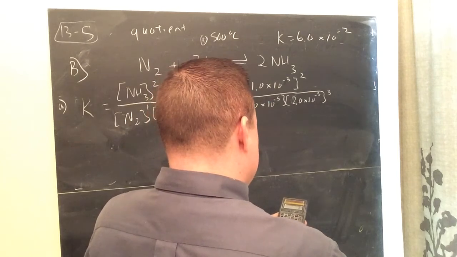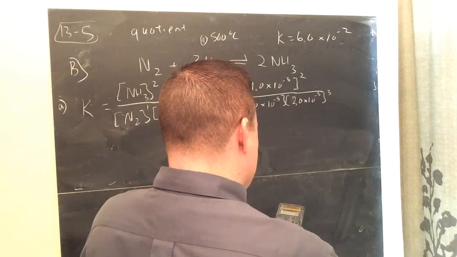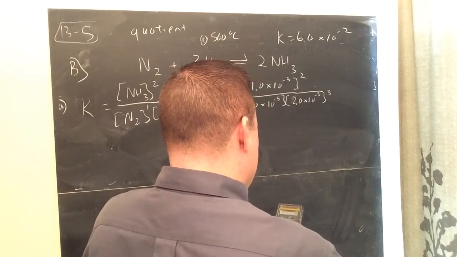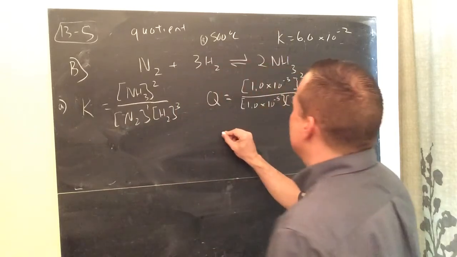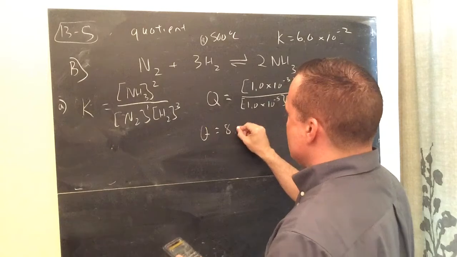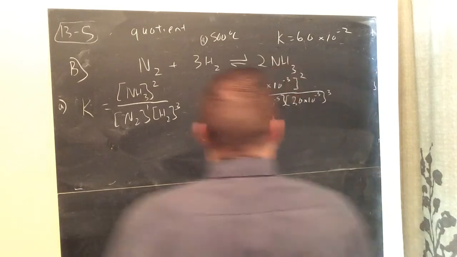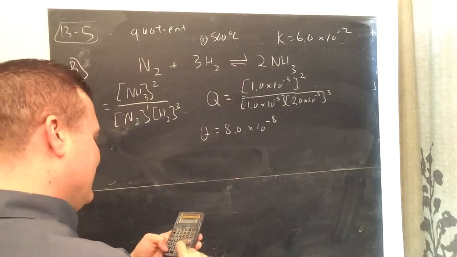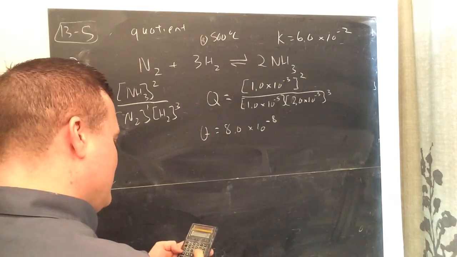Then 1 times 10 to the negative 5. It looks like 8 times 10 to the negative 8 is what I get. Now let me quickly try it again, okay? I hope I plugged them all in right.